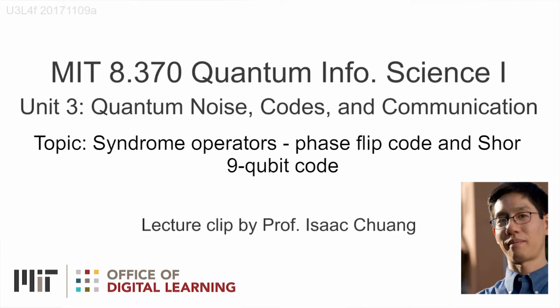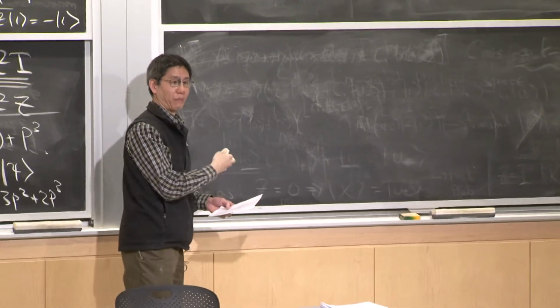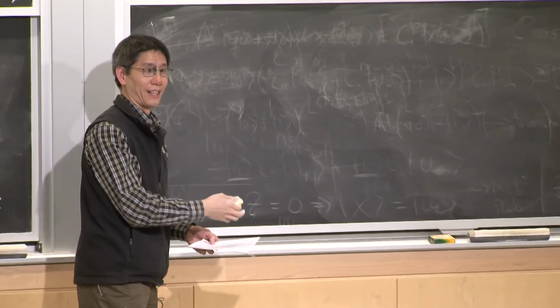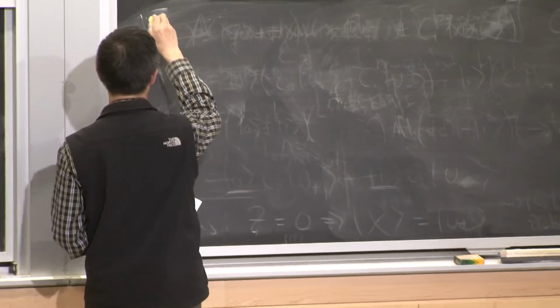In addition to the bit flip code, we also looked at a phase flip code. Let's just look at it very briefly here. We're not going to go through the same analysis, but I want to show you the parallel of what the syndrome measurement operators are.